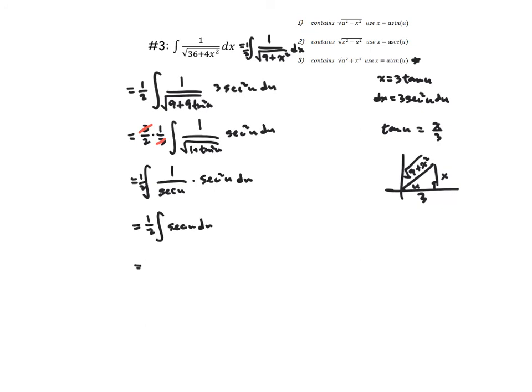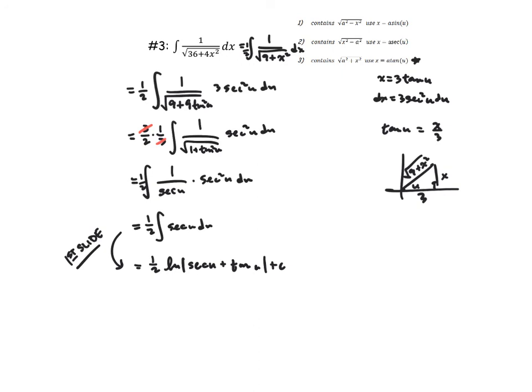Now from the first slide, I believe that the integral of secant was ln of the secant plus the tangent plus c. So I took a big assumption here, and see the first slide if you want an explanation on how I got from the integral of secant to ln of secant of u plus tangent of u. So go ahead and check that out.